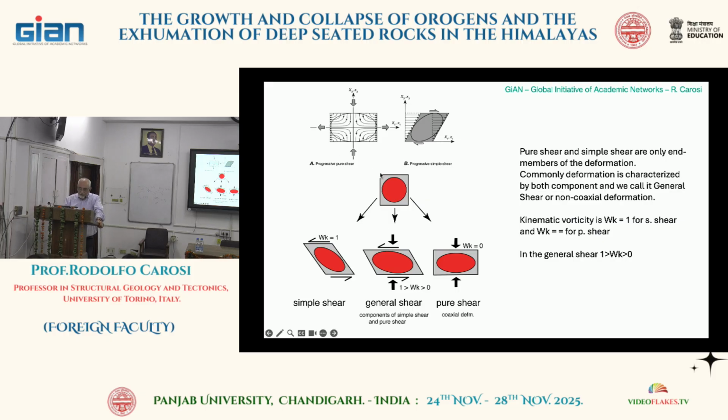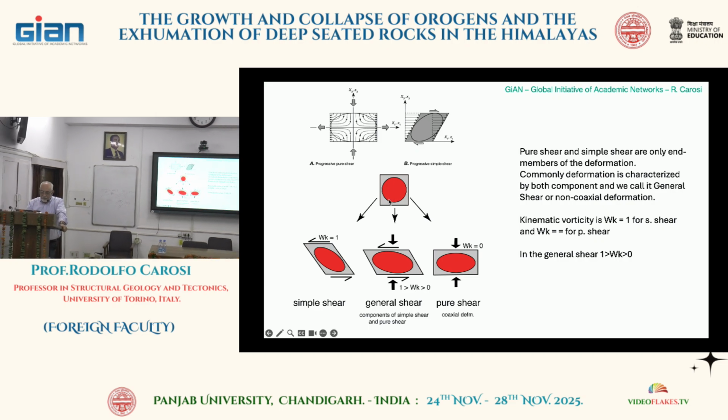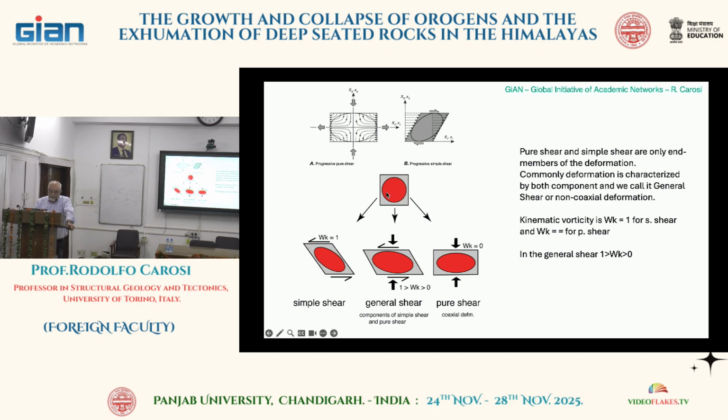I remind you that vorticity is just a method to estimate the amount of pure shear. You can see here the coaxial deformation, pure shear, where during deformation the short axis and the long axis remain in the same position with no rotation in the field of deformation. And simple shear, where all the lines rotate in the direction of the shear.